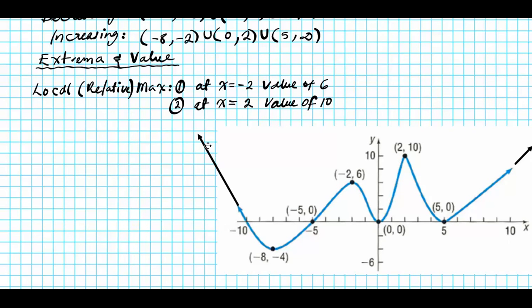The answer is no. Since it increases without bound, there isn't a maximum value for this function. It increases forever. So the global, or the absolute, also known as the global max, in this case you have none because the end behavior indicates that you're going to be increasing forever.